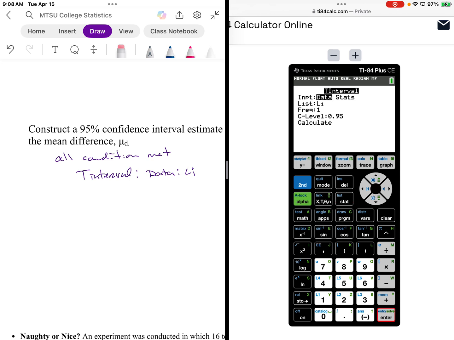And all we want to change here is, well, we don't have to change it. They tell us that we want a 95% confidence interval, but mine's already set up that way. So we can just go down and hit calculate. And we get negative 0.0236 and negative 0.0027.